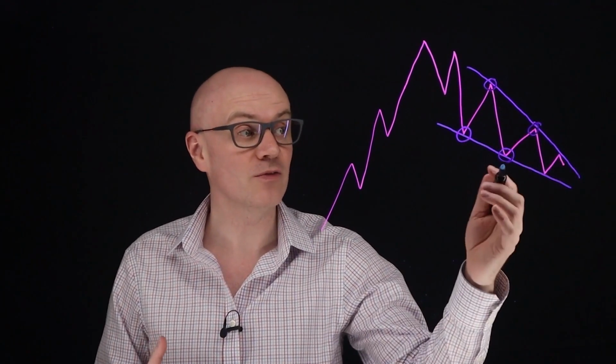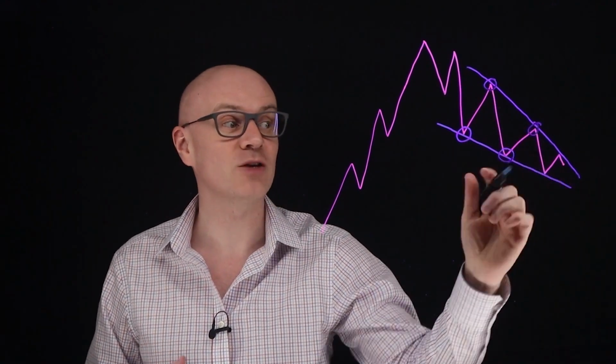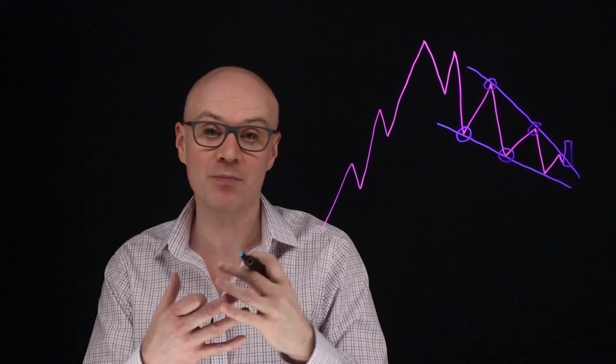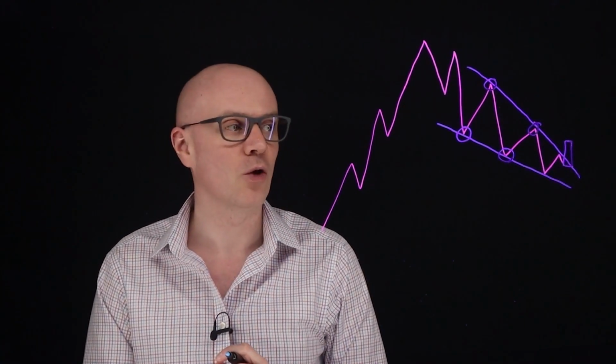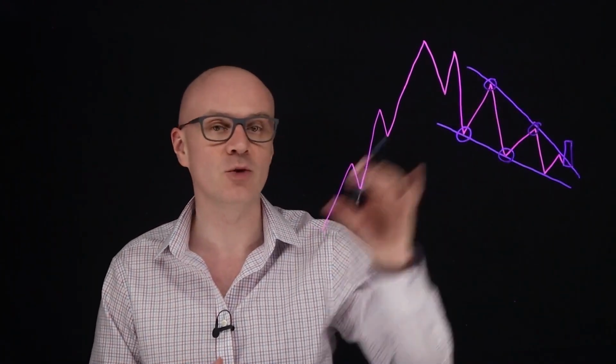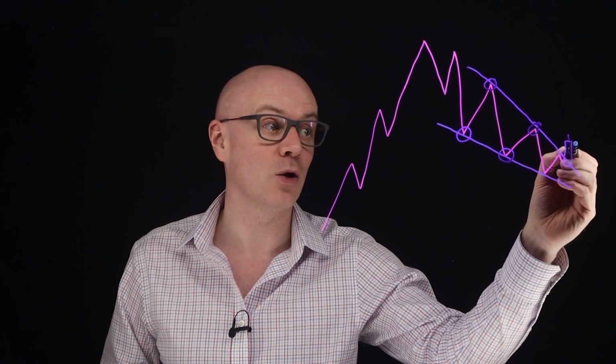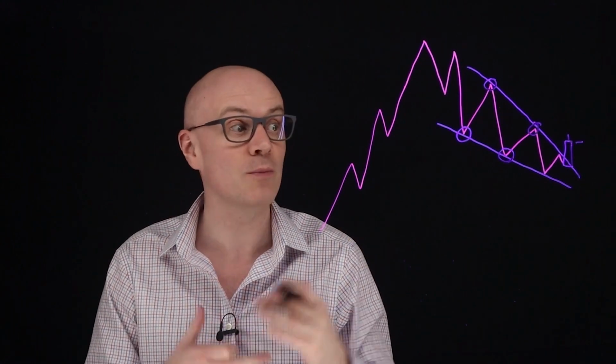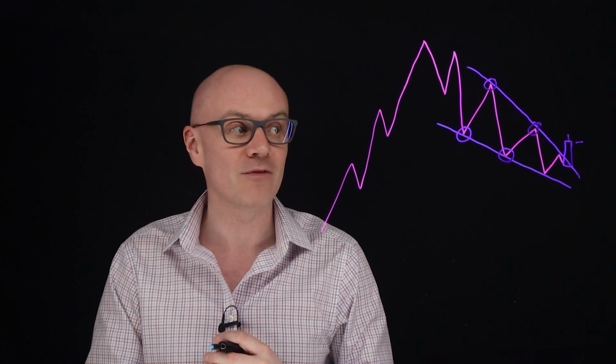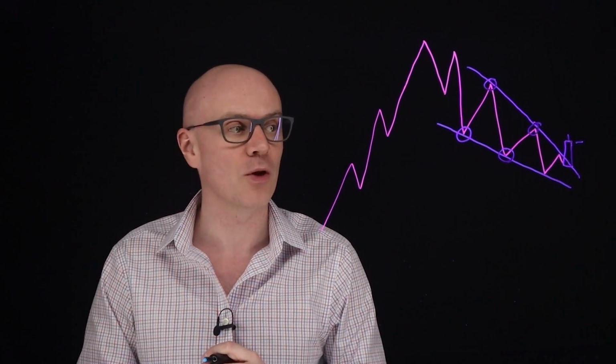As price starts to contract, we'd be looking for the market to break out to the upside, and that would be our cue to get long this market, as you'd be looking for continuation in the up move. You could potentially buy the close of the breakout candle. That would be one way of doing it, but I would be very, very keen to set a conservative stop on something like this.